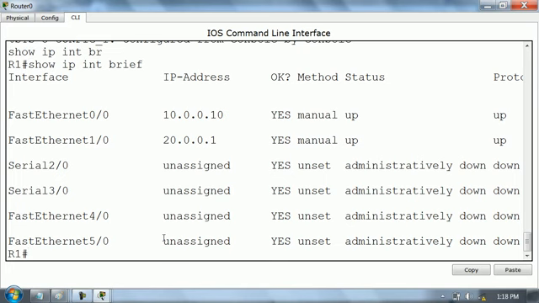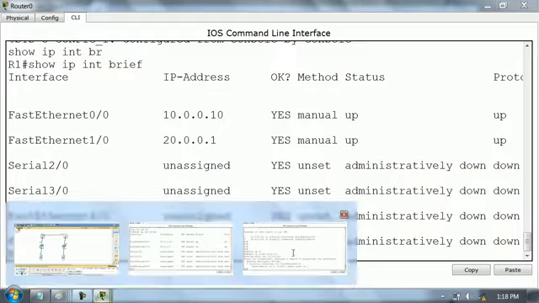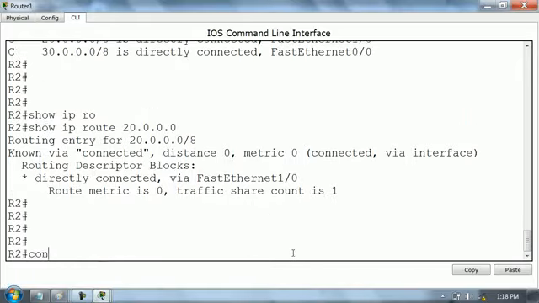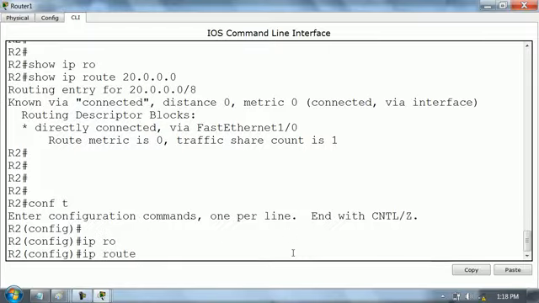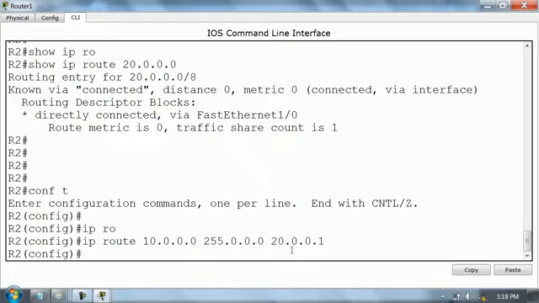Fine. Now IP space. Fine. Let us check the routing table.